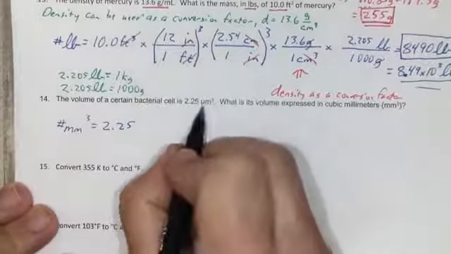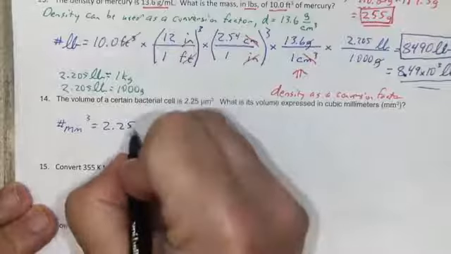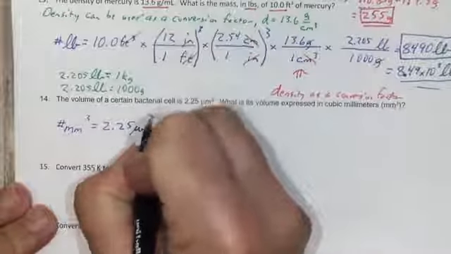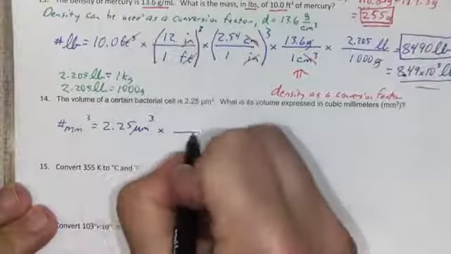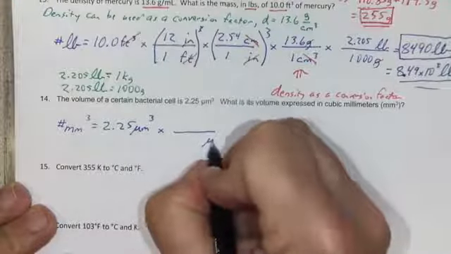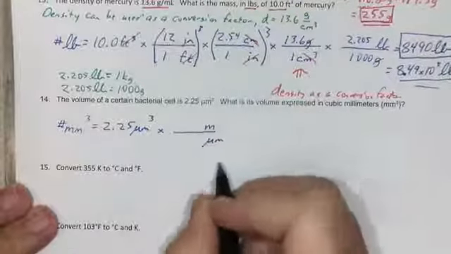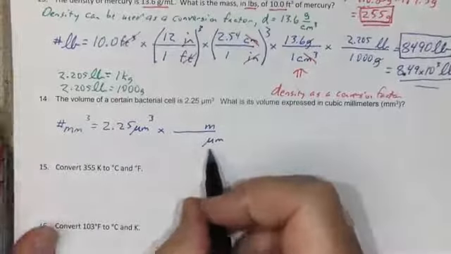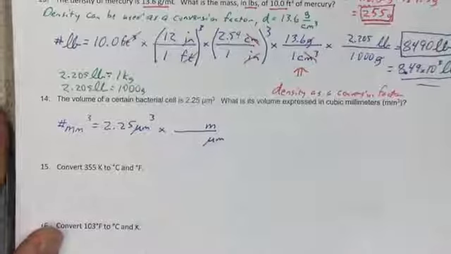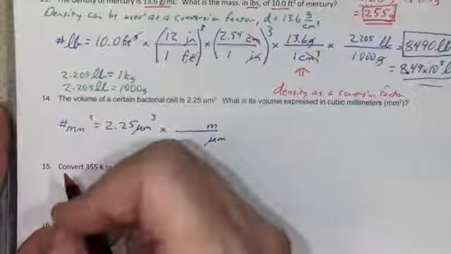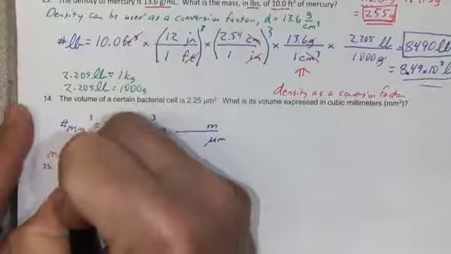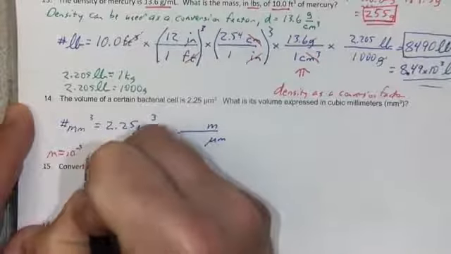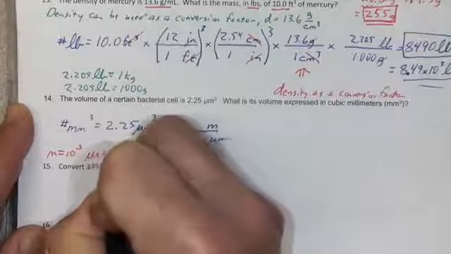Now this prefix is micro, cubic micrometers. So I don't want it in cubic micrometers, I want it in millimeters. So first I'm going to go from micrometer to meter. And here's where you have to know the metric prefixes. The metric prefixes are that milli means 10 to the negative 3, and micro means 10 to the negative 6.